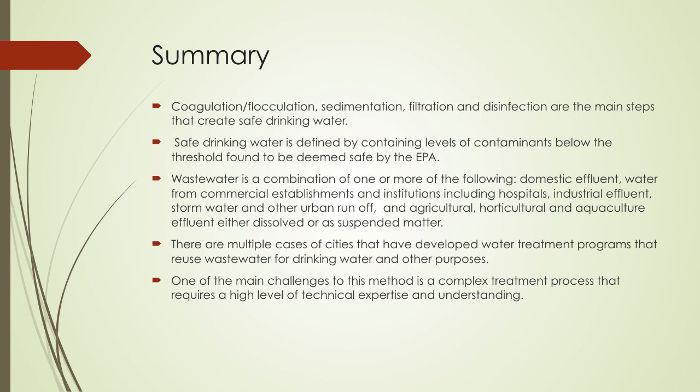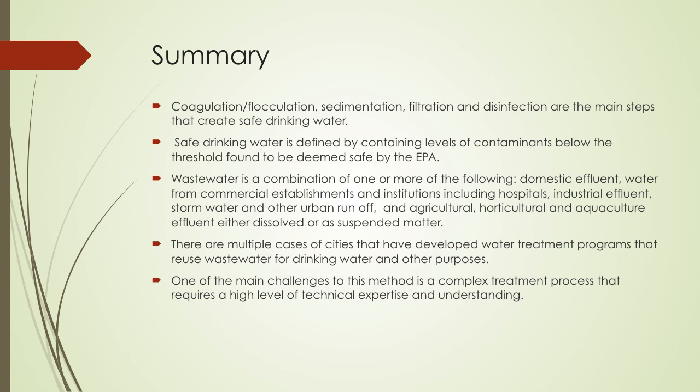So in summary, coagulation and flocculation, sedimentation, filtration, and disinfection are the main steps that create safe drinking water. Safe drinking water is defined by containing levels of contaminants below the threshold deemed safe by the EPA.